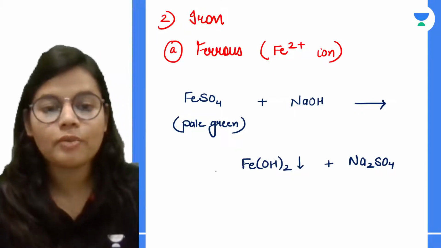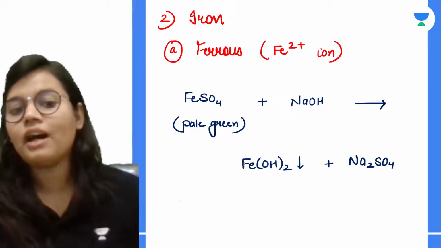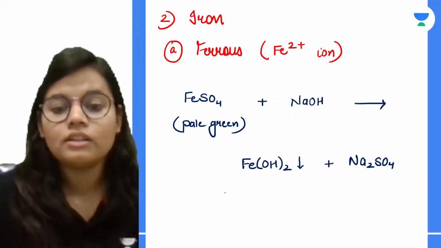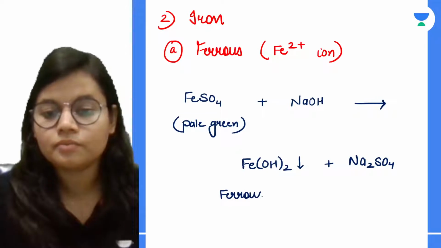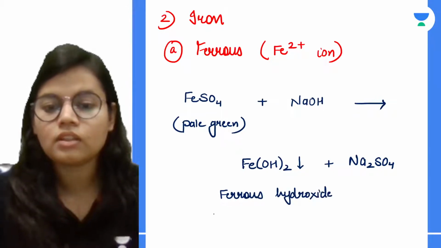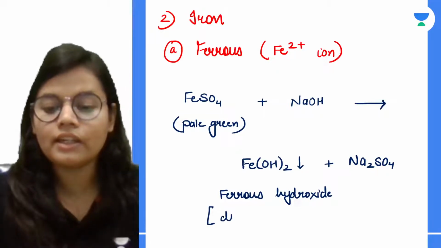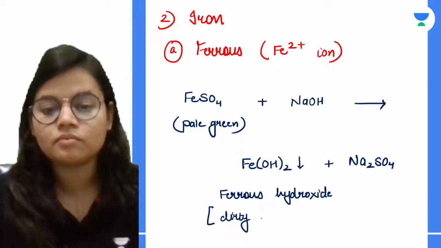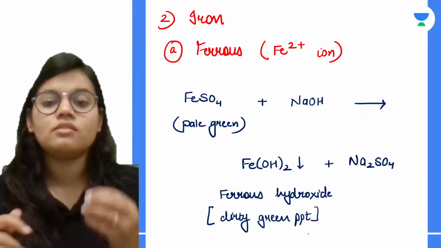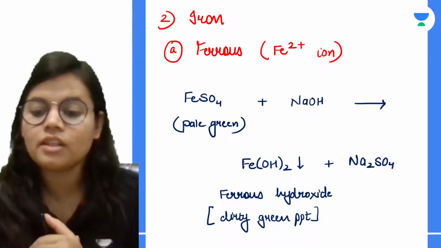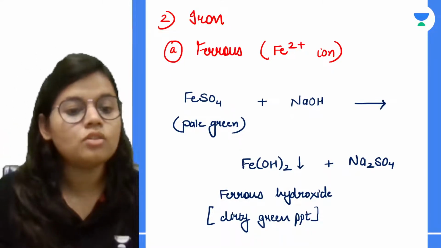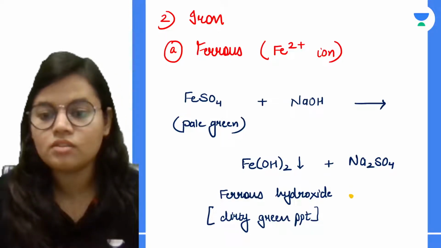This is our precipitate, which means this is the main product that will tell us which type of salt we have. Now this ferrous hydroxide is a dirty green precipitate, and the properties are that it is a bit jelly like, gelatinous, and it is not soluble in water.